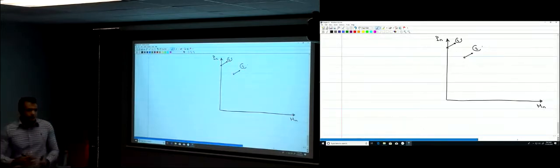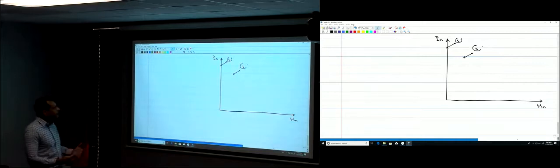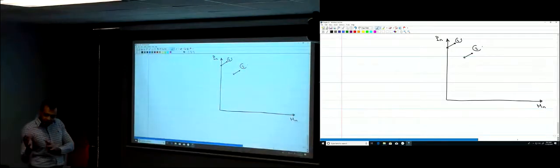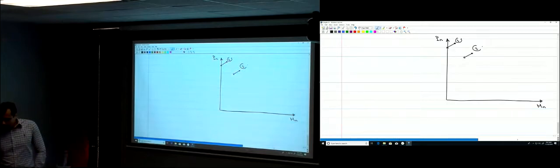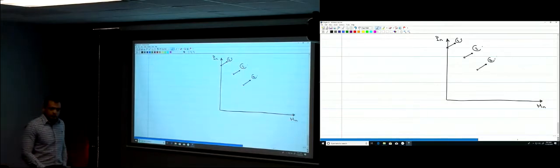So for this column to start resisting some bending moment while there is an axial force, the axial strength is going to decrease to allow the column to resist some bending moment. Then point 3 is going to be somewhere like this, where the strain on the other side of the column becomes 0.